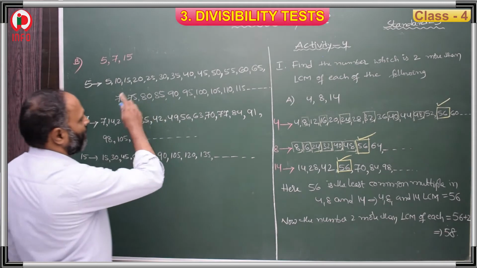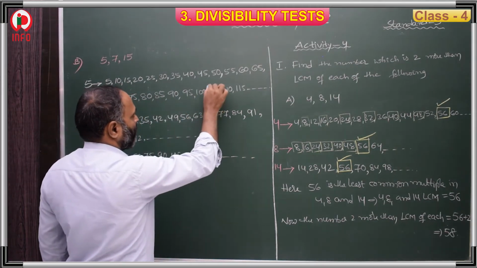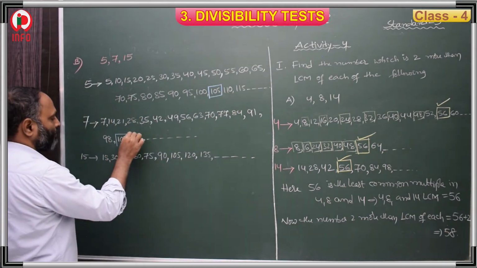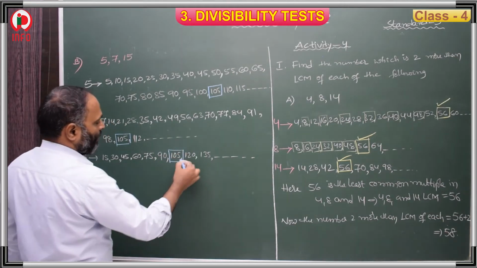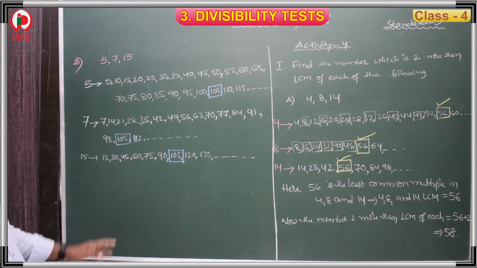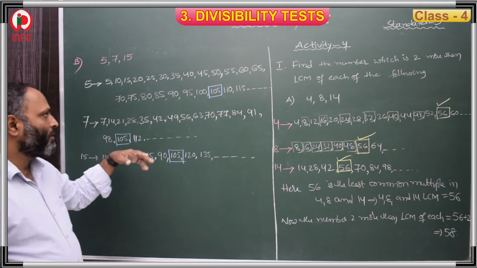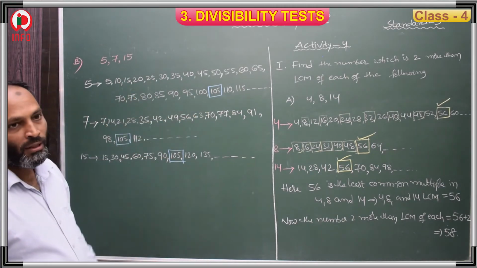When I check in all, what I observed is here 105, here 105 and here 105. This 105 is common in all. Other than this, no other number is common. Before 105, no other number is common in all the three.